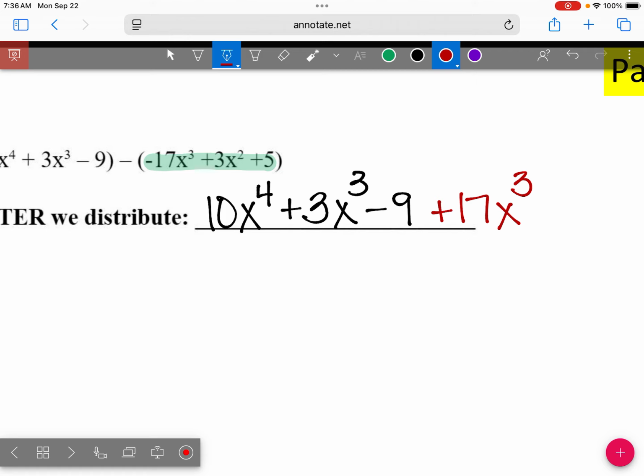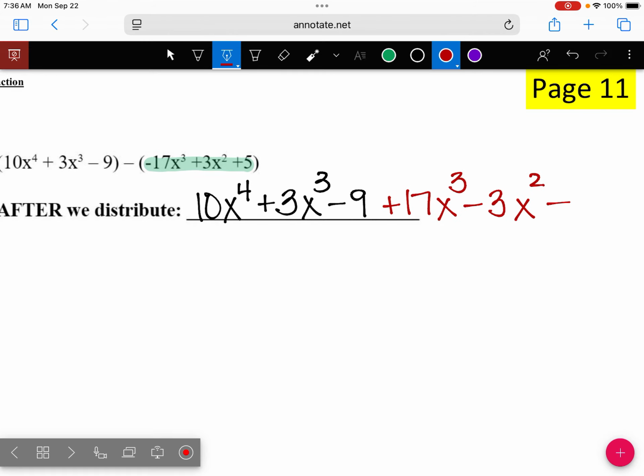The positive 3x squared becomes a negative 3x squared. And the positive 5 becomes a negative 5. All right, so there's only one x to the 4th. So he does not have a friend. He stays by himself.